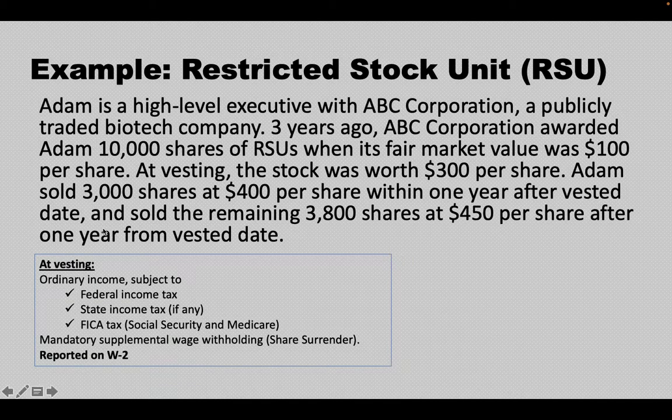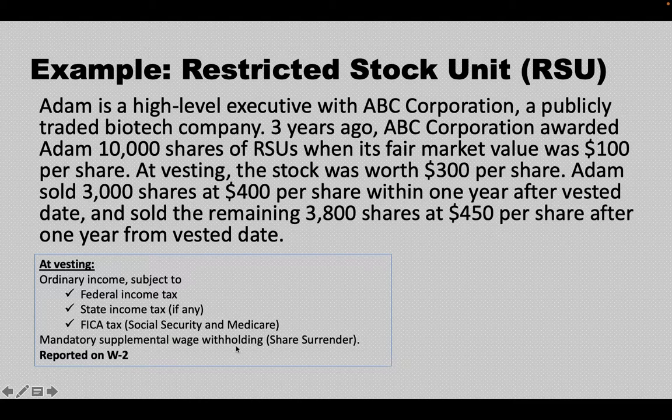So at vesting, there's ordinary income. You're subject to federal and state income tax, then FICA tax, Social Security and Medicare. Just keep in mind, Social Security is capped at an annual amount. Then you have a mandatory supplemental wage withholding.